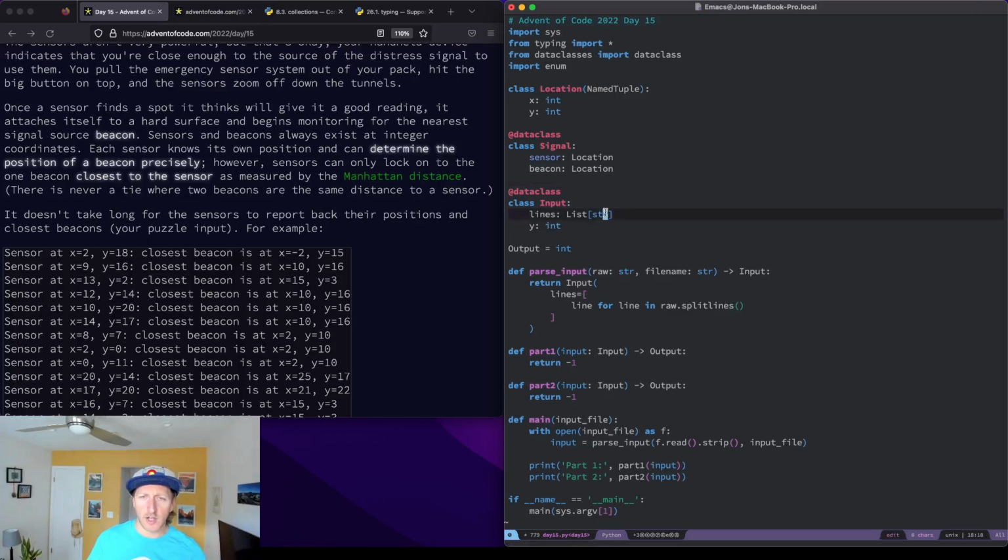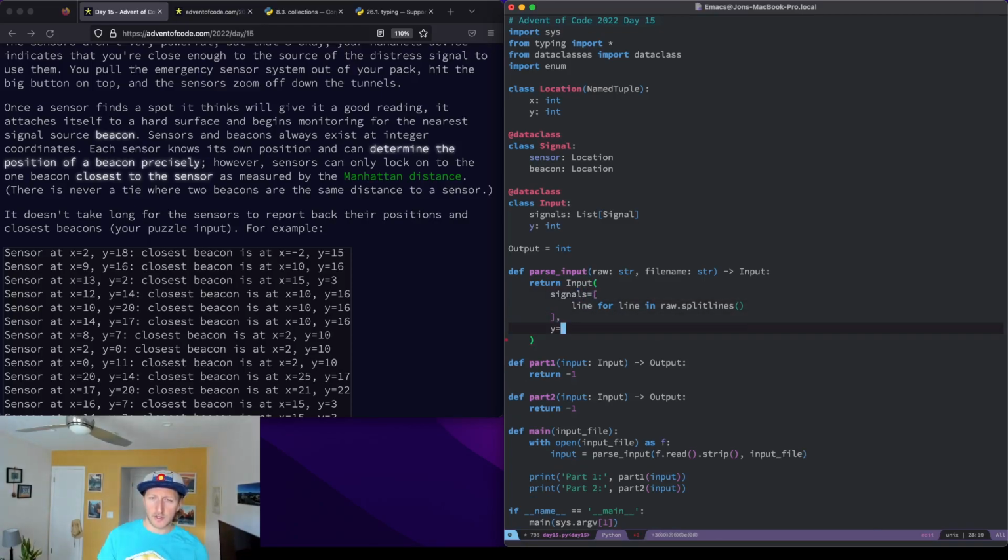Okay, and then each line is going to be a signal, and we're going to do signals. Cool, signals. So we're also going to do y equals 10 if the file name is example, else 2 million.